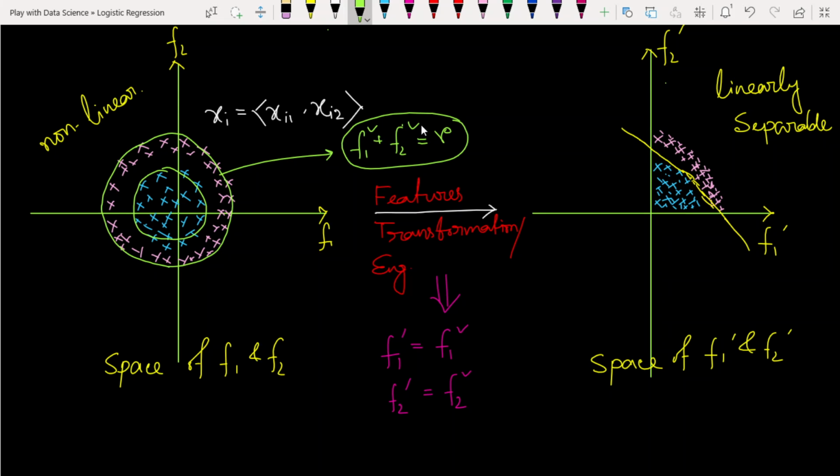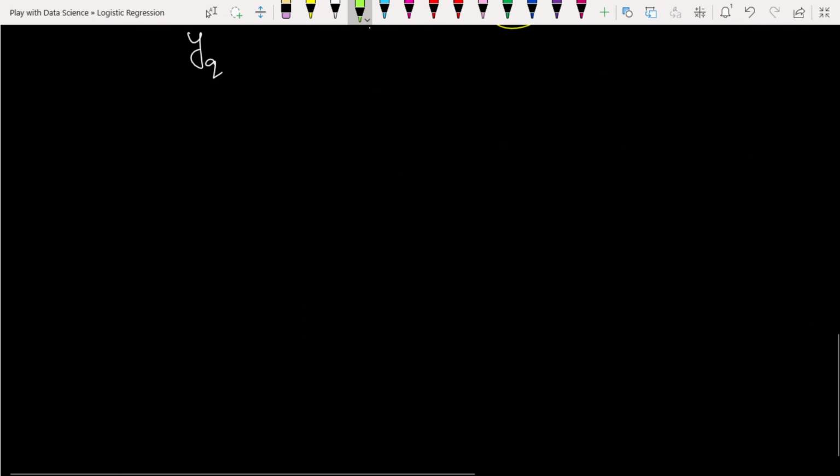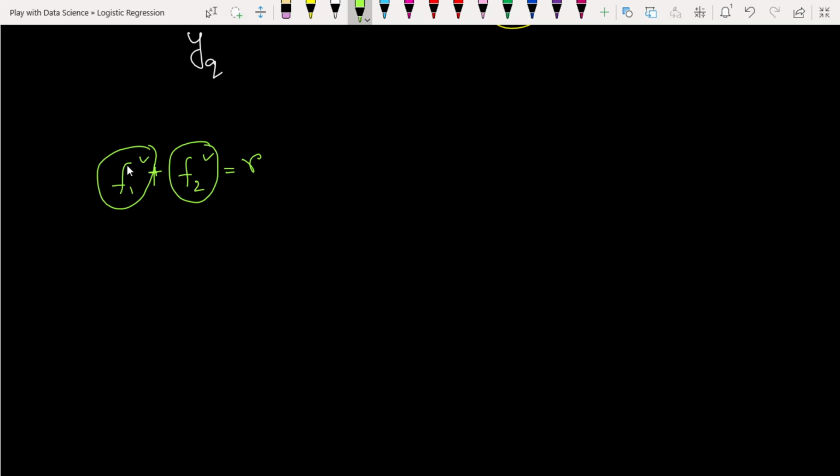In f1 and f2, these are not linearly separable.